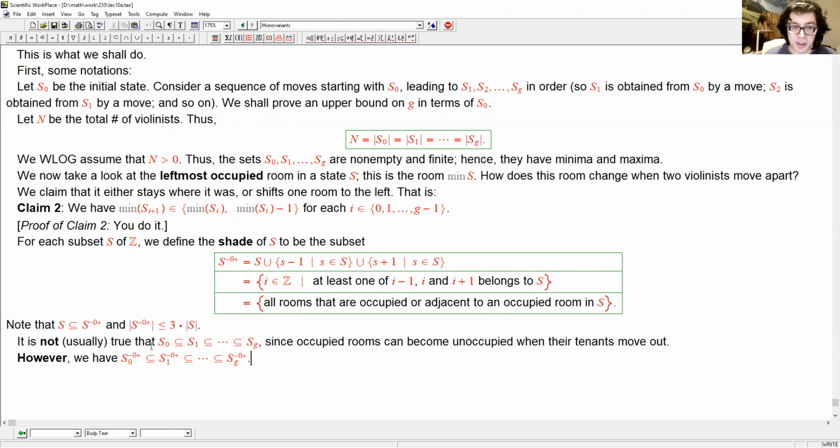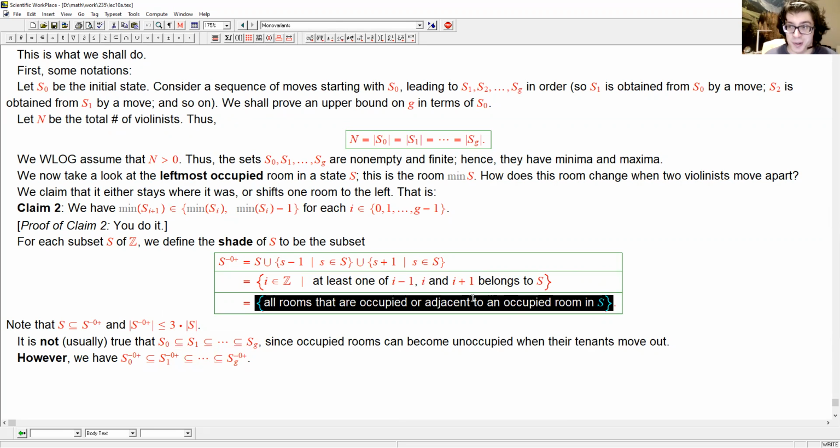In other words, if a room is occupied, it doesn't mean that it will always be occupied. However, if a room is occupied or adjacent to an occupied room, then it always will remain occupied or adjacent to an occupied room. So if you don't just look at occupied rooms, but you look at the shades, the occupied or adjacent rooms, then you have this relation.